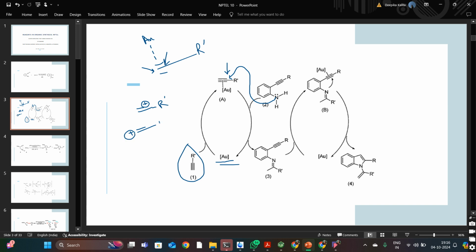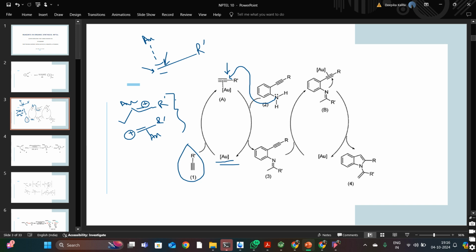at the outside carbon along with the bond formation with gold. Here, this carbon will form bond. Okay, so if you look at these two carbocations, which one is more stable? Definitely this one, because this is going to get electron density donation because of the presence of electron donating group R dash.